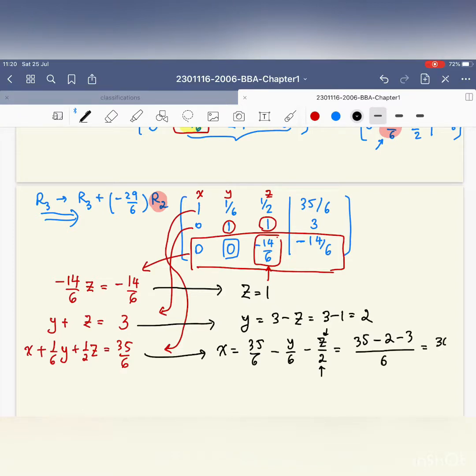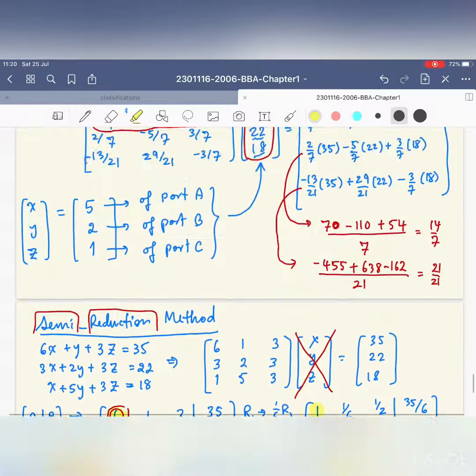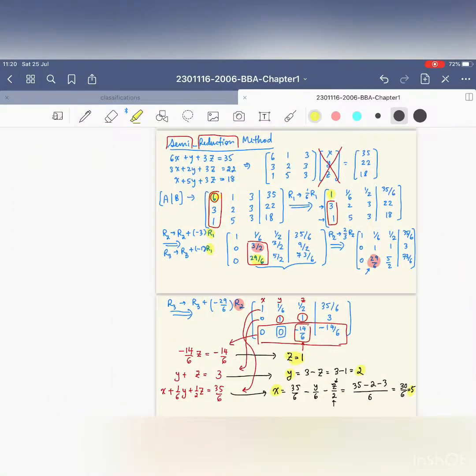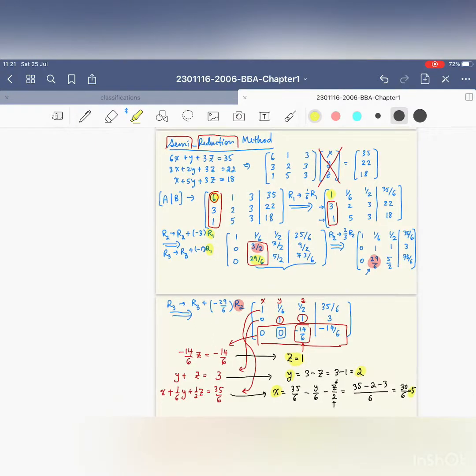So it is 30 over 6, or 5. So you have the same thing: x is 5, y is 2, and z is 1, which is the same as what we did with your A inverse. But this method may be pretty much shorter, even though it still involves fractions again.